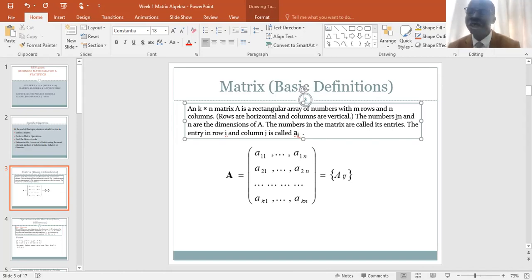So a matrix dimension is the number of rows and the number of columns. Note that I'm not talking about number of columns and number of rows. I'm talking about rows and columns. Again, conventionally, matrices are normally denoted by a capital letter of the alphabet.